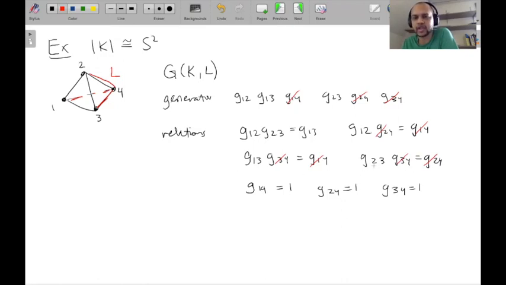Here, this tells us that G_{2,3} is trivial. So let me maybe do this in a different color. So we learned that's trivial. G_{1,3} also is trivial. G_{1,2} is also trivial. And then that's it. So this tells us that G_{K,L} is the group with no generators and no relations, which is just the trivial group.